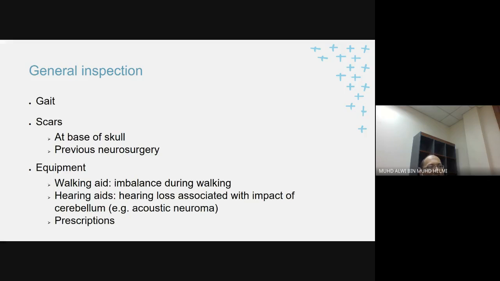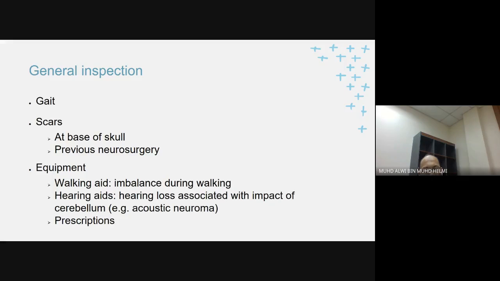For example, maybe you can ask the parents to help ask the child to stand, and then you can observe for nystagmus using toys. Use toys to force the child to look at a distance, to force the child to strain the eyes. For example, bring the toys in front until 180 degrees so that the eyes will actually move following the toys. And then you can observe for nystagmus.